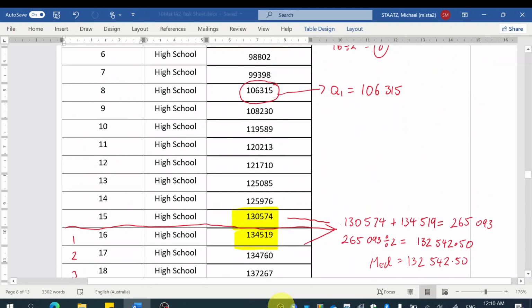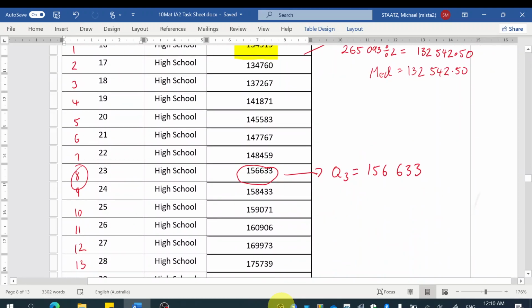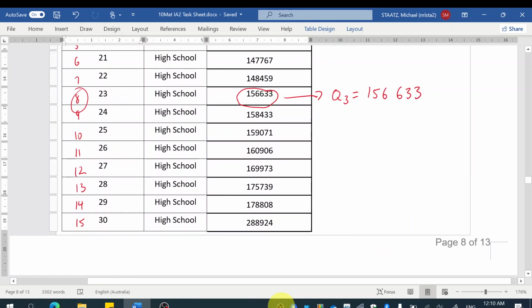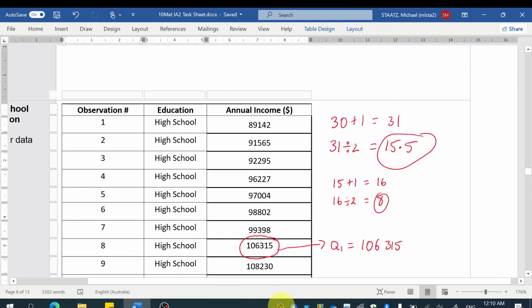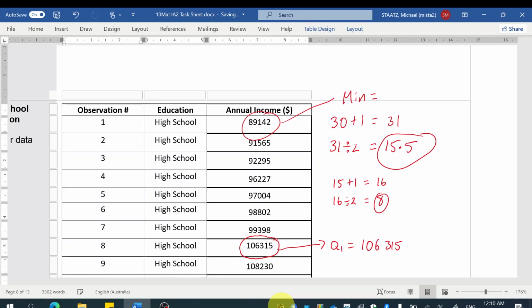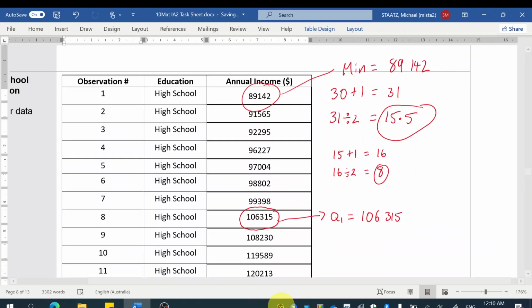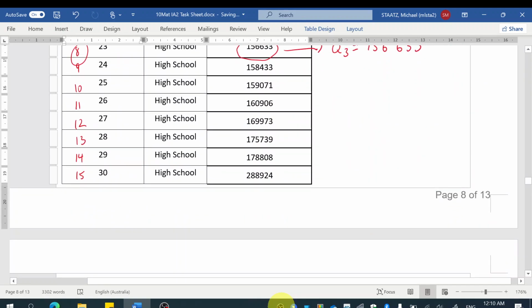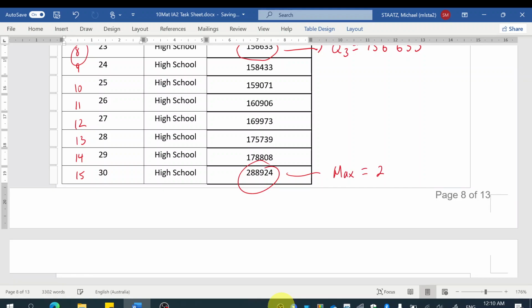So I've got Q1, I've got my median, I've got Q3. I'm going to come back to the top, the minimum, this one number, the smallest one. Minimum is going to equal 89,142. And the maximum is going to equal 289,000.